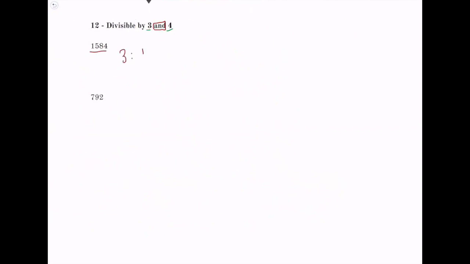We find the sum of the digits, 1 plus 5 plus 8 plus 4. It's 18. And 18 is divisible by 3, right? Or another way you could do it is 1 plus 8 is 9, and 9 is also divisible by 3.